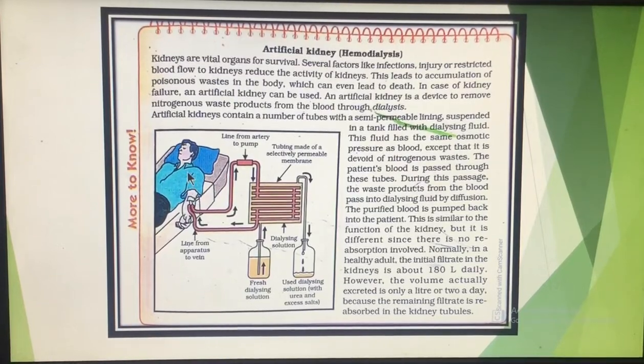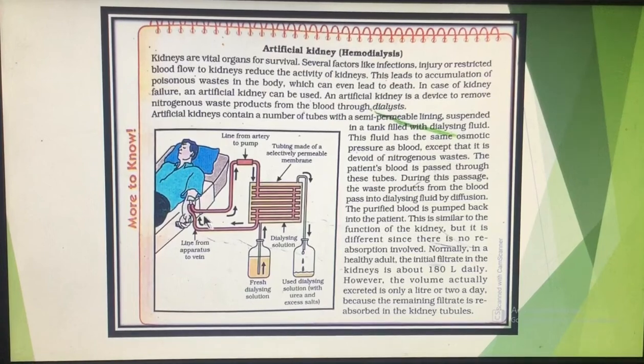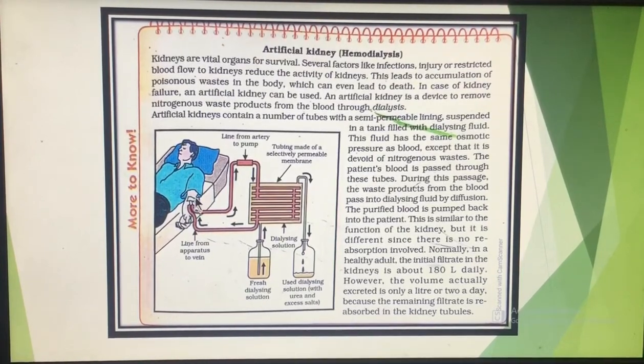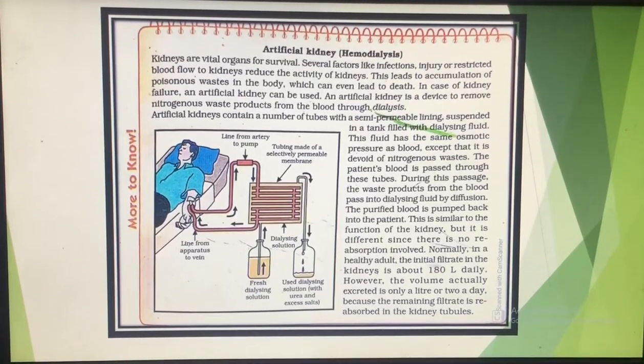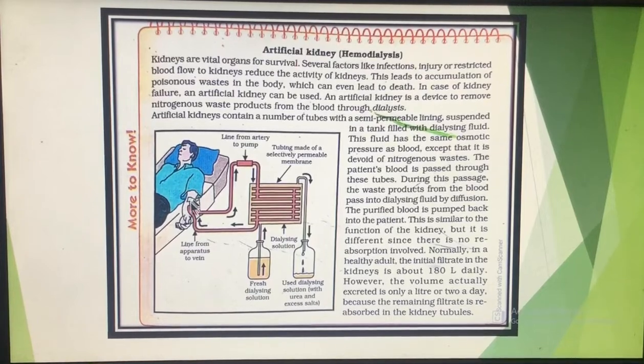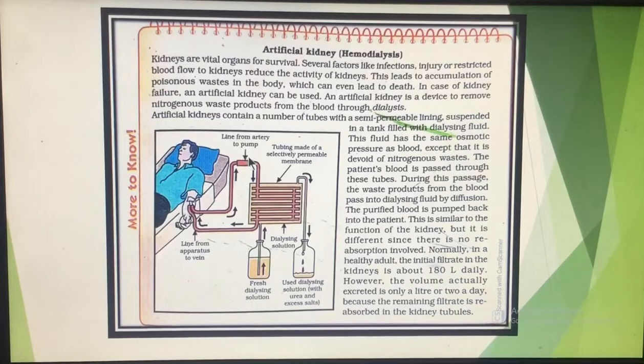Suppose this is a patient, whose kidney is not working, so the blood from this patient is taken out. From where? From an artery. You must have seen that we take blood from the arm, from the wrist. So blood is taken out from an artery, and then this blood is passed through a pump, and then it passes through all these tubes.